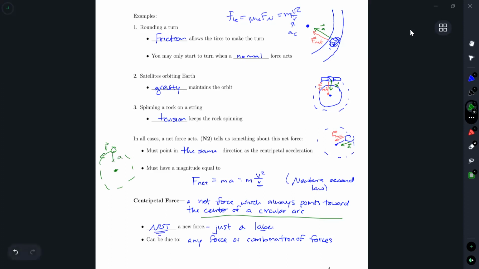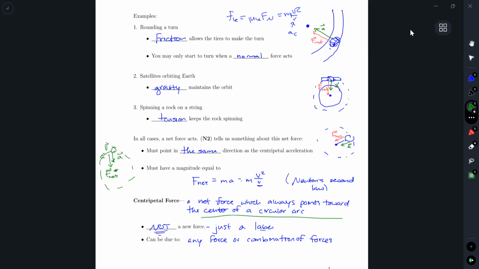The acceleration is always towards the center of the circle. If it's a uniform circular motion, it's not speeding up or slowing down, as is the net force on the object, which is what we call the centripetal force, a radially inward net force.